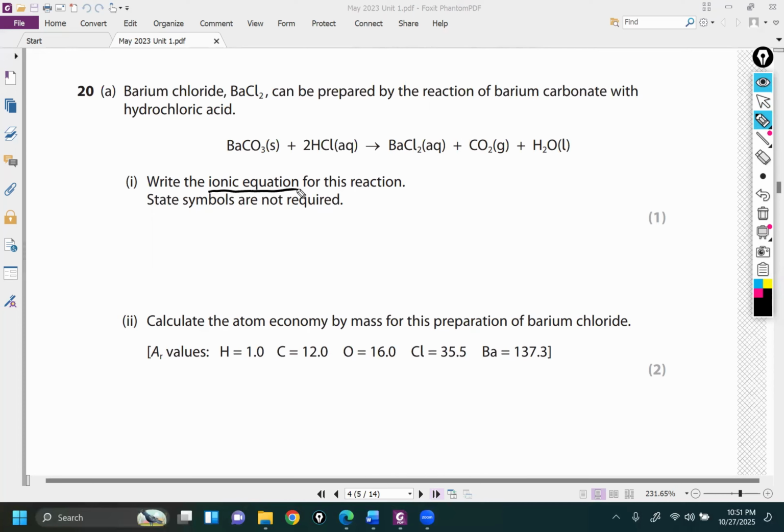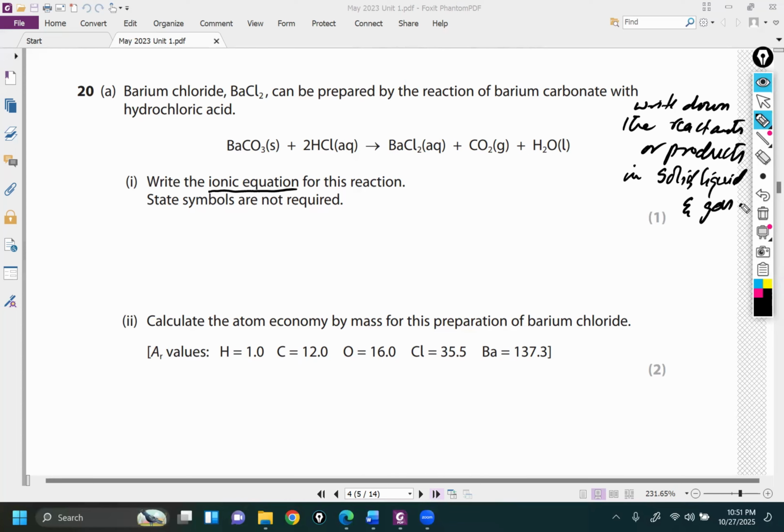To write the ionic equation as a shortcut, you will only write down the reactants or products which are present in pure solid, liquid, and gas state. It means you will ignore the aqueous solution. You are not supposed to write the aqueous compounds. So the first point is that you will write only those reactants and products which are in gaseous, liquid, and solid state.